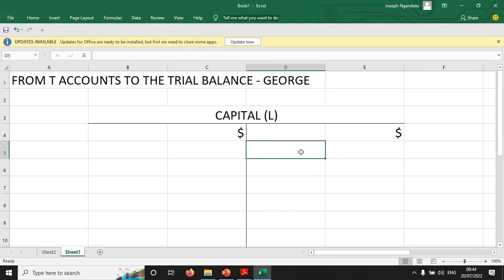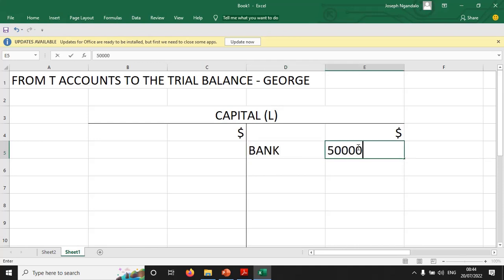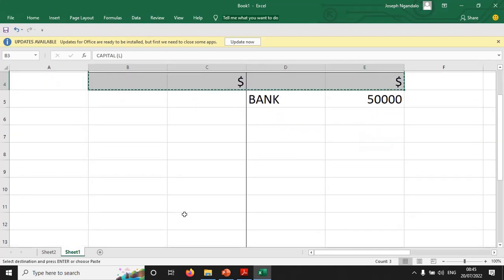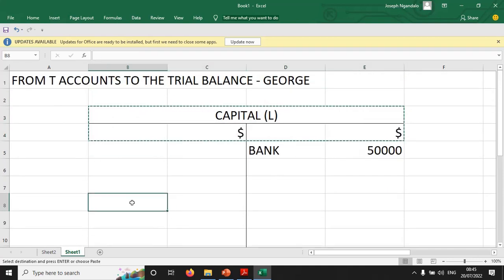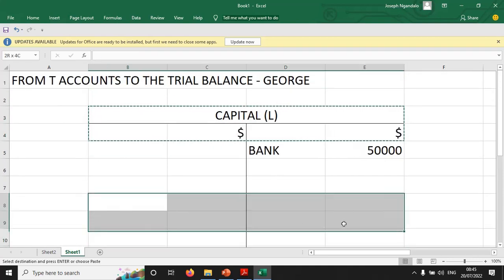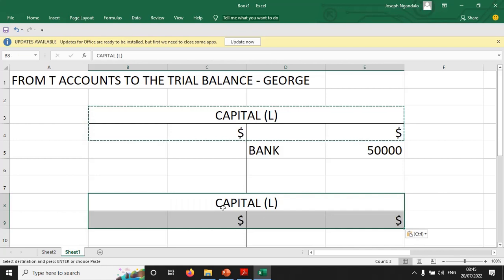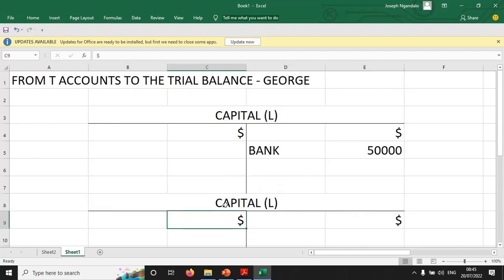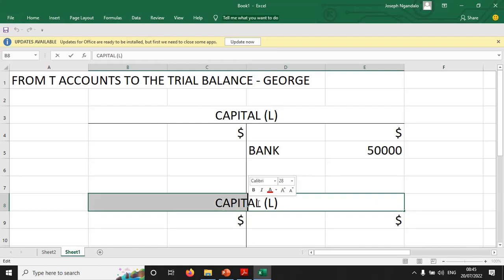I'm going to indicate bank, and I'm going to have to open a bank account very soon. Let us also follow through. Please, I would like you to do exactly what I am doing. Here we're going to have bank. Is that okay? Okay, let me just do this.